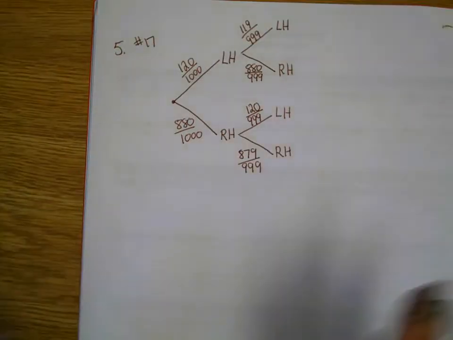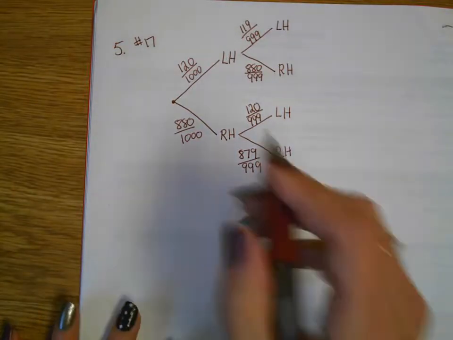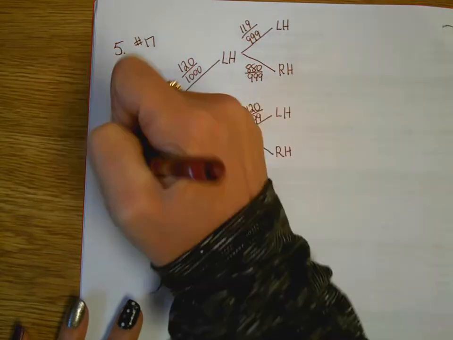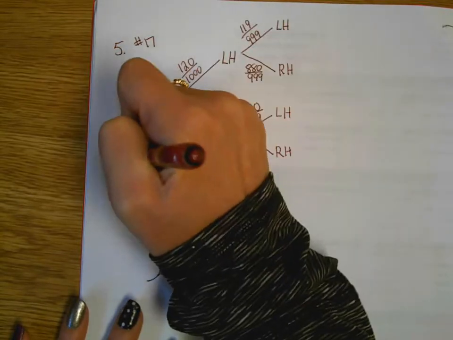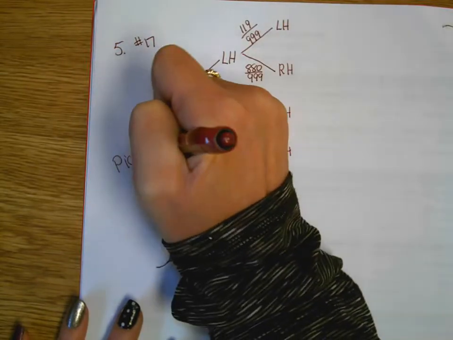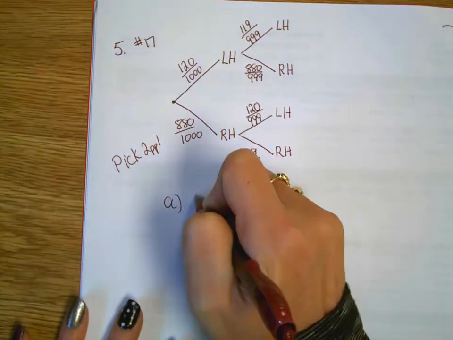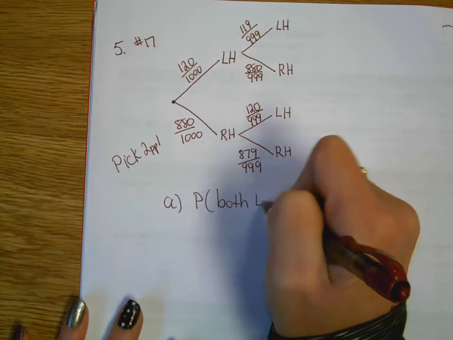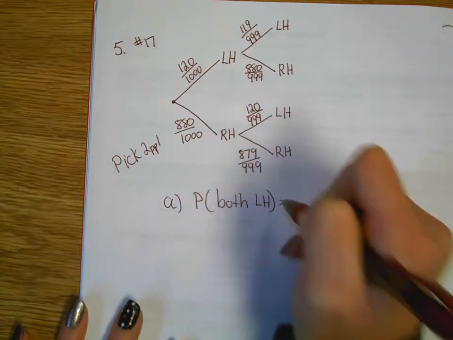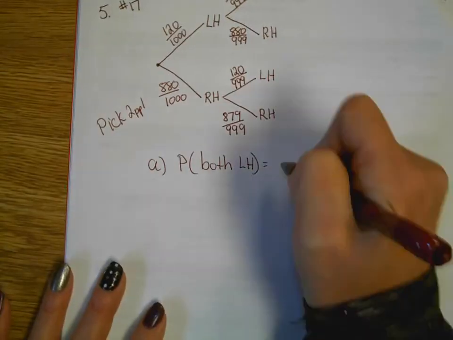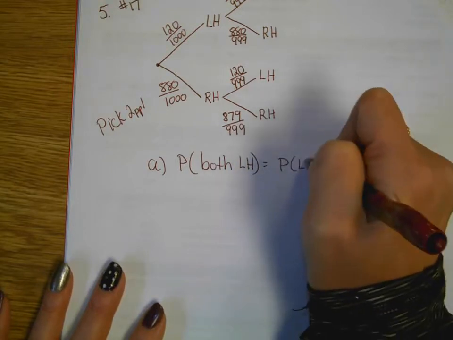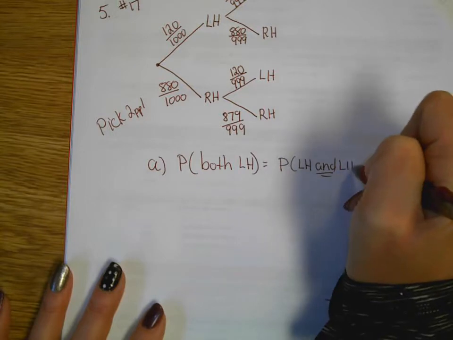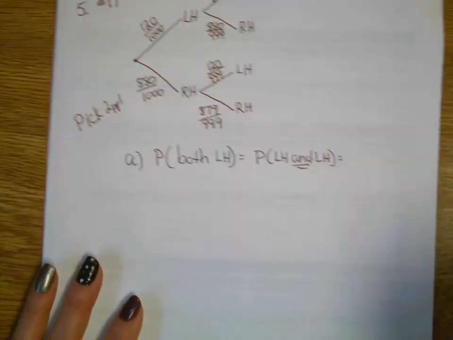The tree makes it worth it if you're going to be doing several probability questions, which we are. So we're picking two people, which our tree shows. We're looking for the probability that both are left-handed. Again, in your head, you've got to turn that into left-handed and a left-handed, telling us to multiply and not add.